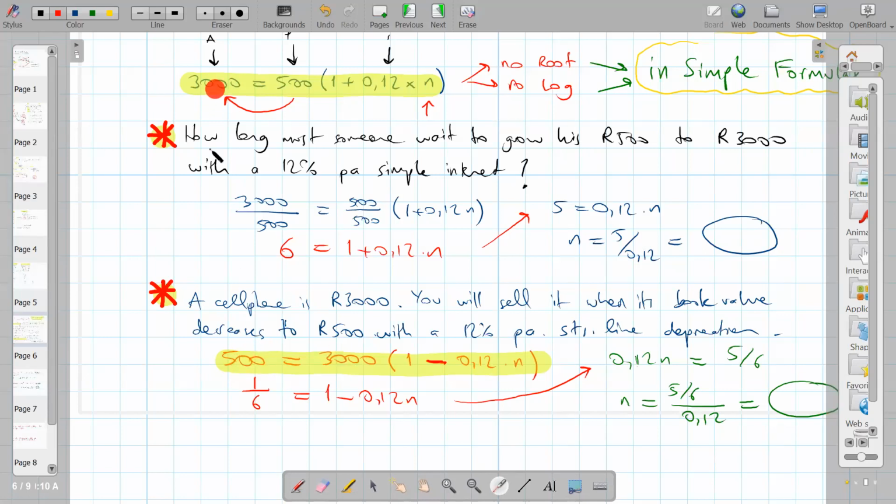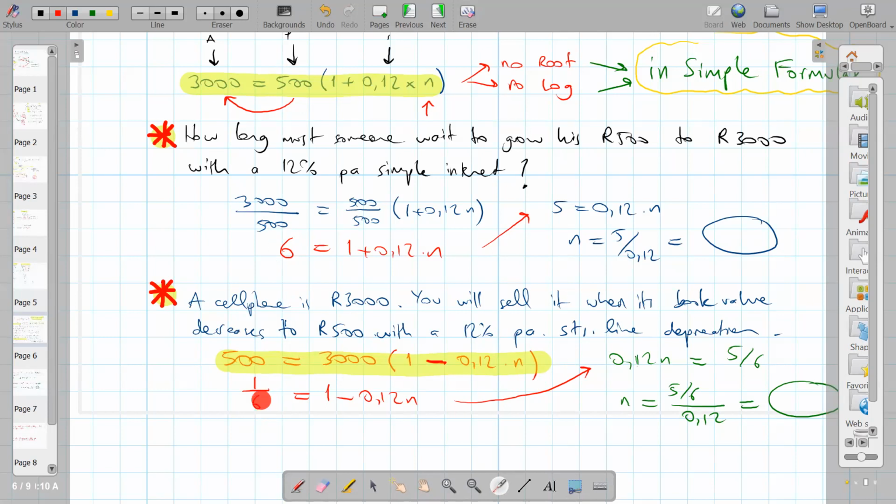So in the previous example, your 500 grows to 3,000. But in the second example, your 3,000 cell phone decreases, its value decreases to 500. So A is 500. Previously it was 3,000, and it's straight line. So you just plug into the correct formula, same idea, this time divided by 3,000. You see, in the previous example it was 3,000 over 500. This time it is 500 over 3,000.